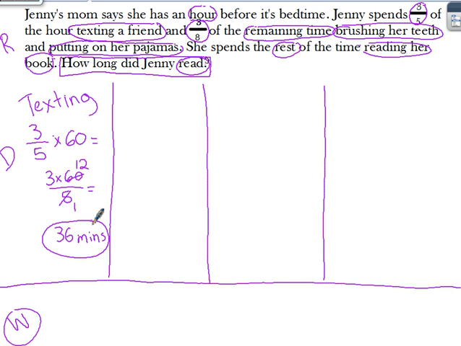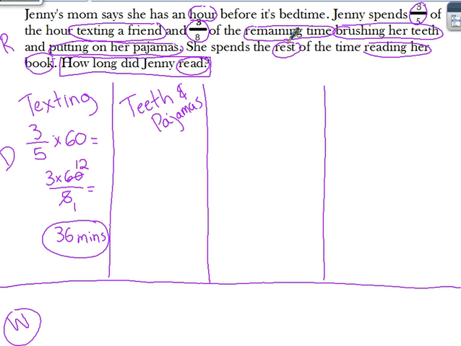The next thing is how much time she spent brushing her teeth and putting on her pajamas. So this is teeth and pajamas. Now it says of the remaining time, which means we're not going out of an hour now. We're going out of the remaining time.